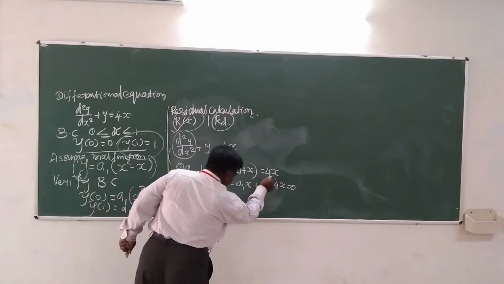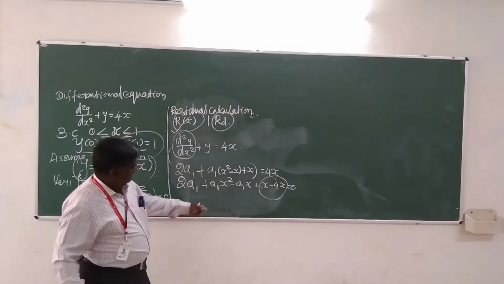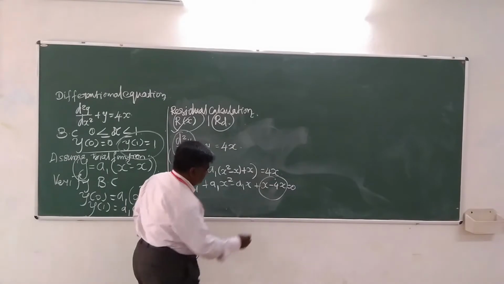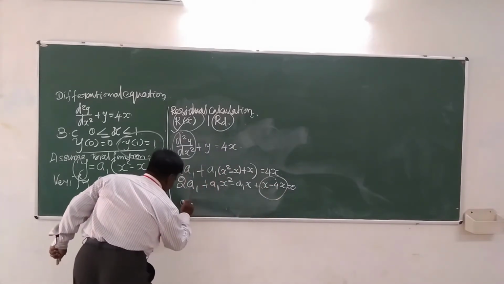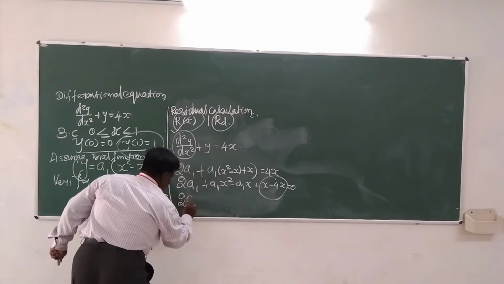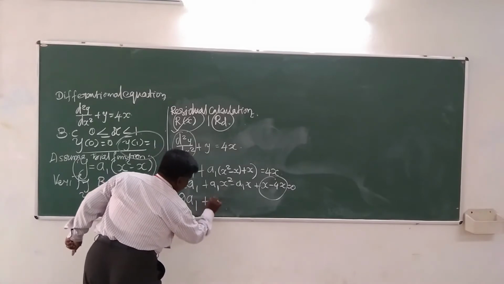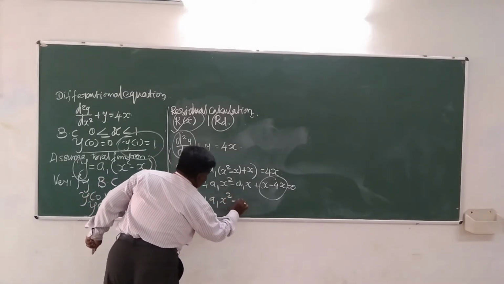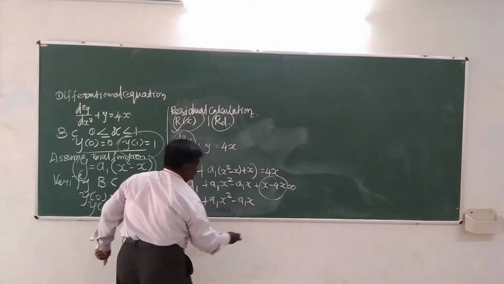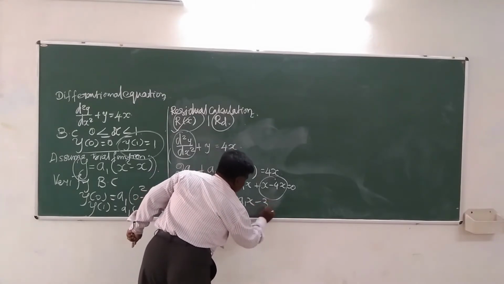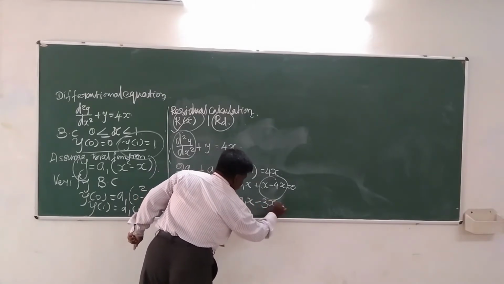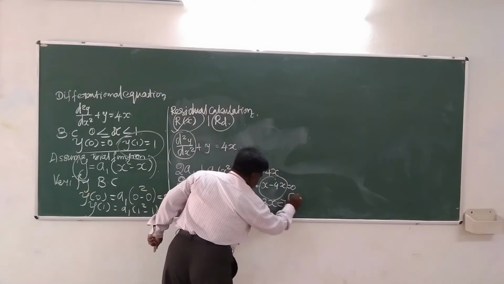From this, x minus 4x is minus 3x. We write the same equation: 2a1 plus a1 x square minus a1x minus 3x. This is your residual.